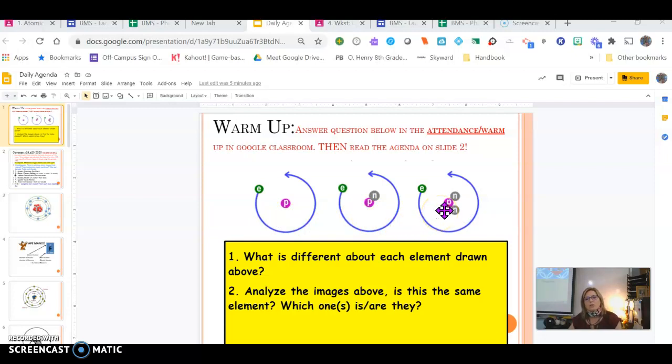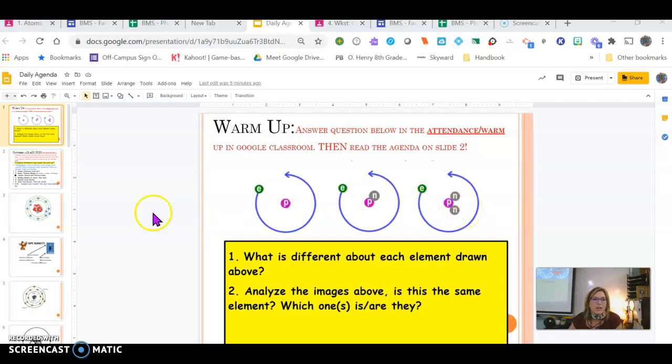And if you look on your periodic table, the atomic number is that big number above the letter. You find the number 1 for one proton, and that tells us this is the hydrogen atom. So they are all pictures of hydrogen. This is just hydrogen with a mass of 1, hydrogen with a mass of 2, and hydrogen with a mass of 3.